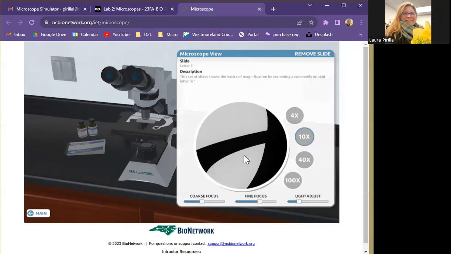Okay, so now we're looking at it at a 10x objective and a 10x ocular. So now this is 100 times bigger than that little letter E. So notice how much of the letter E can you see at one time, right?